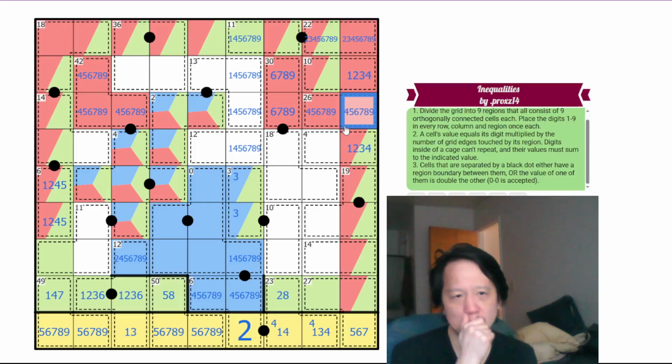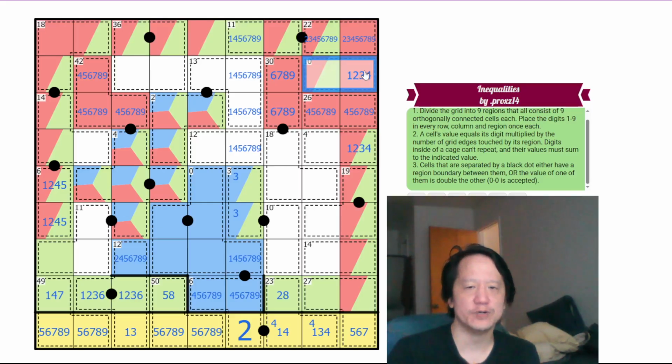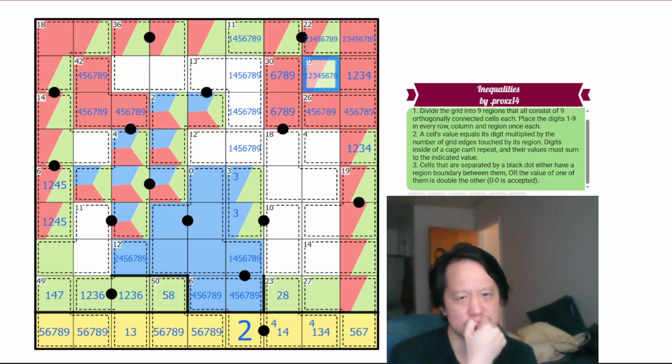Okay. So this digit is, if this is both double, then this is 1 through 4. If this is single, it could go up to 8. That's quite high.